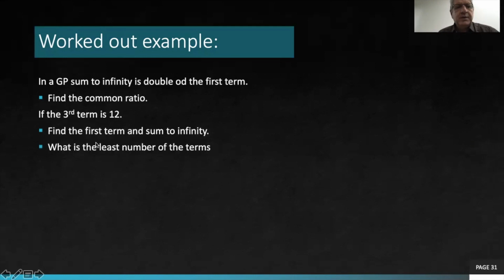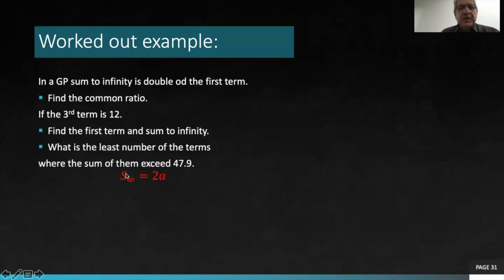What is the least number of terms where the sum of the terms exceeds 47.9? Therefore, this also is wrong, this is the sum of terms. Okay, the sum exceeds this, correct?